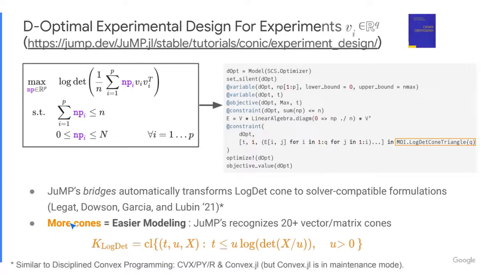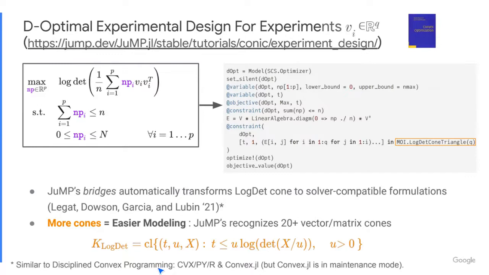That is explained in detail in this paper, which explains JuMP bridges, which are these automatic transformations. So adding extra cones beyond some standard set of cones can significantly make modeling easier, without having to remember the recipes, because JuMP will just apply the recipes automatically and you don't have to know them by heart.